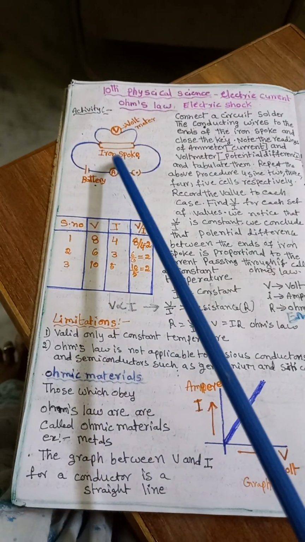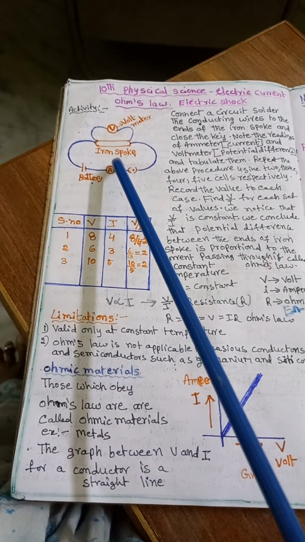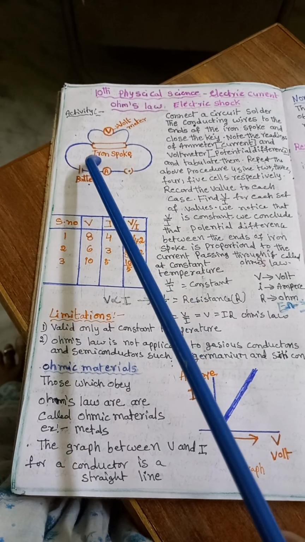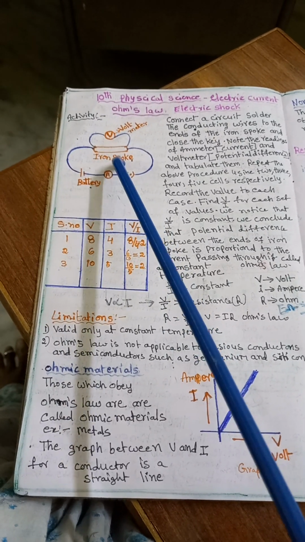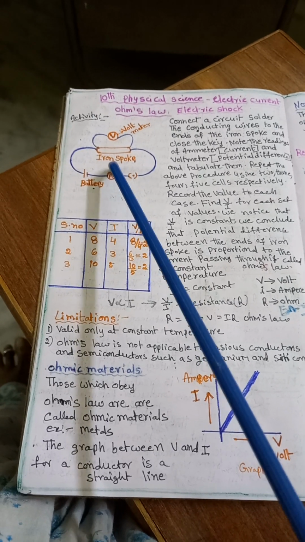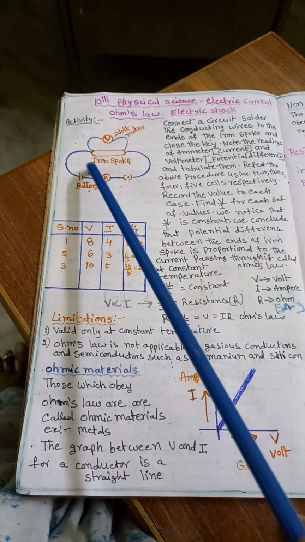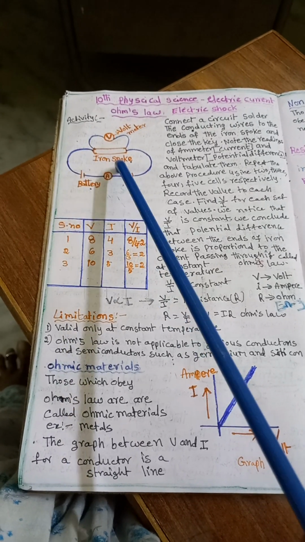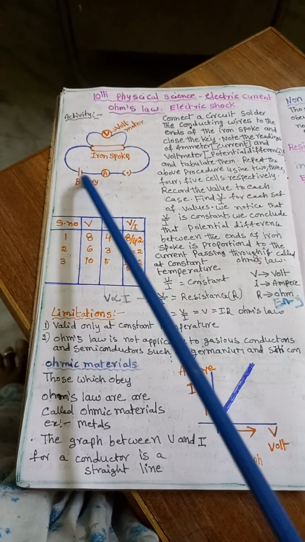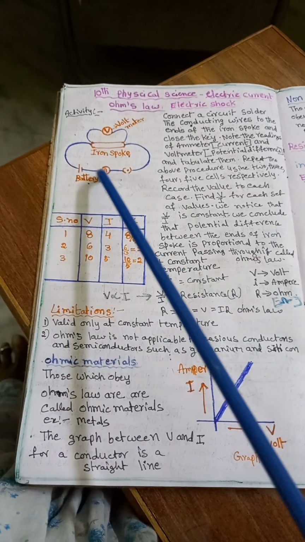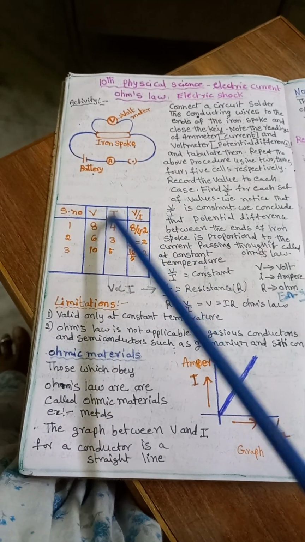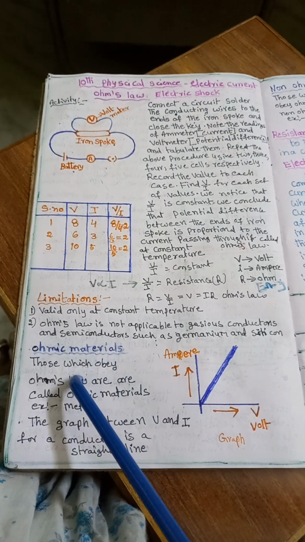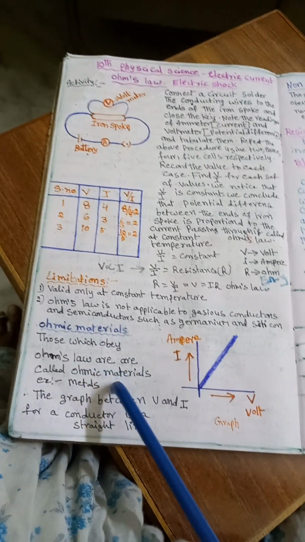Here the iron spoke is a metal. When this metal is used between the two wires, a potential is created across its two ends and current passes through the conductor. So Ohm's law is obeyed by metals here.